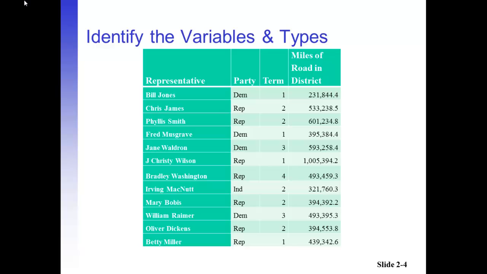The variables would be the name of the representative, the party that they represent, the term that they're in, and the number of miles of road in their district. So for instance, Bill Jones represents the Democratic Party. He's in his first term, and there are 231,844.4 miles of road in his district.